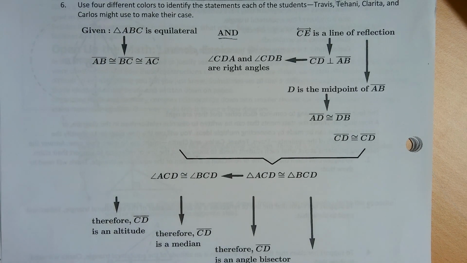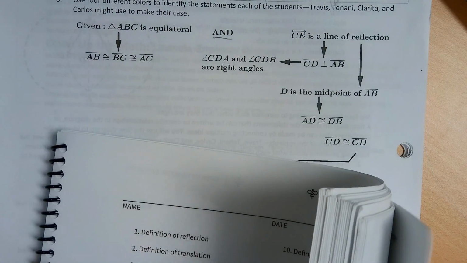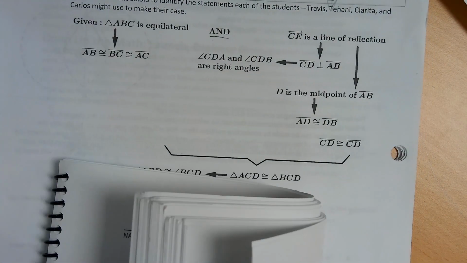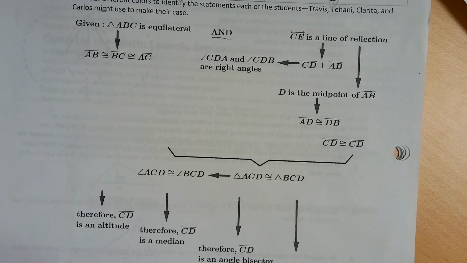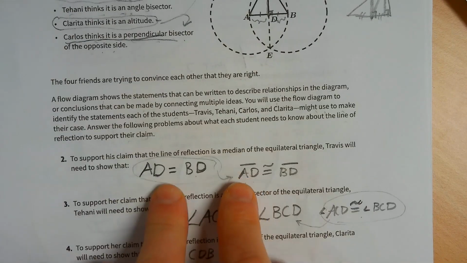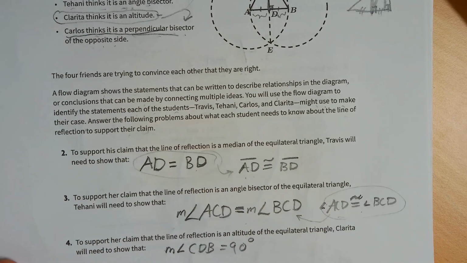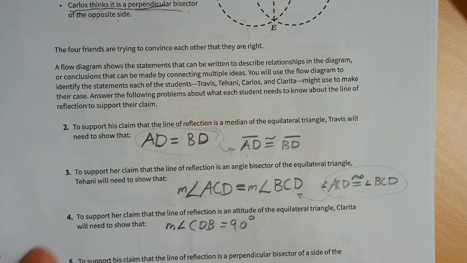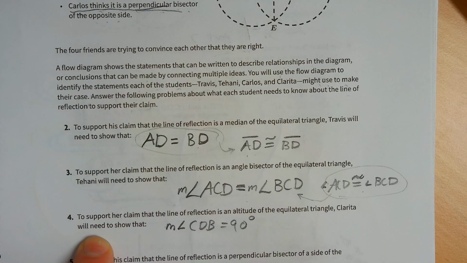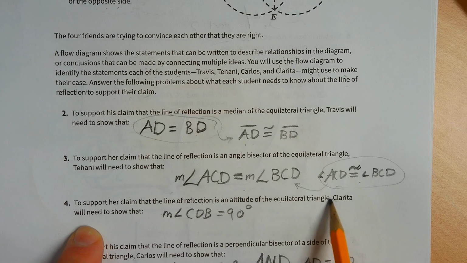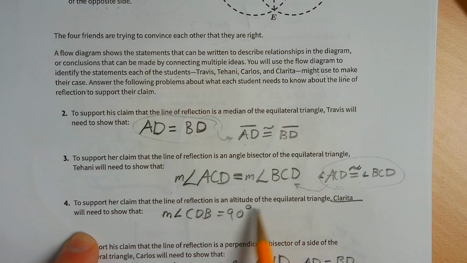Oh, before we go through this flow diagram, let's look back at how would we prove what we want to say. Where's Clarita? Clarita. Altitude.